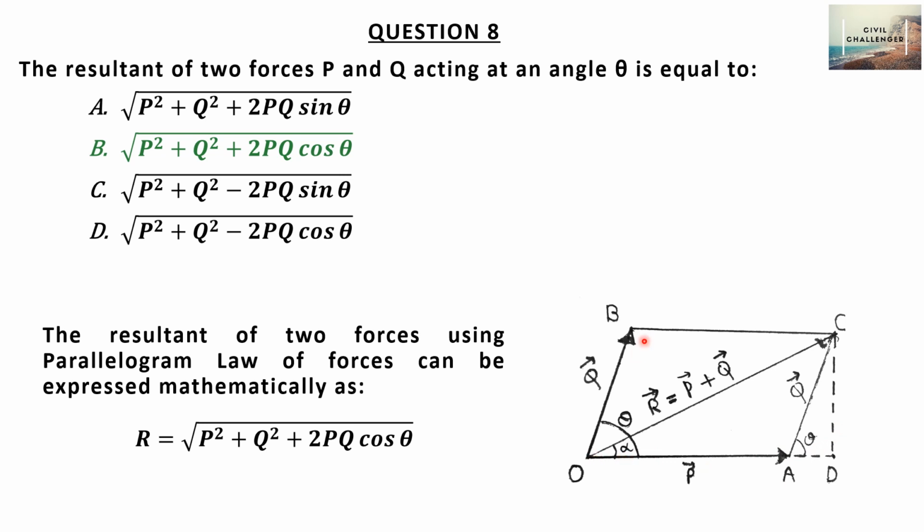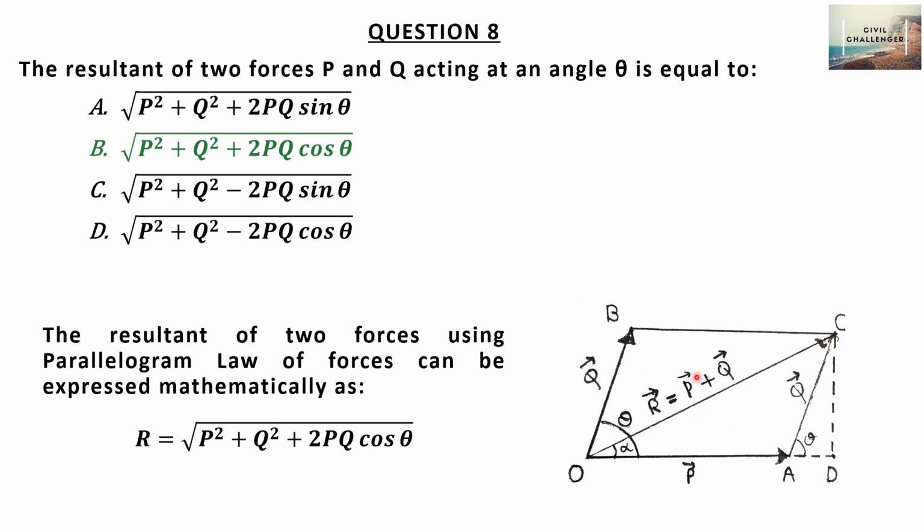I have drawn this diagram, and OACB is a parallelogram. The resultant will be the diagonal passing through the point of intersection of P and Q. Then we need to extend it so that CD is perpendicular to OD. Then we can find the resultant from the triangle OCD.